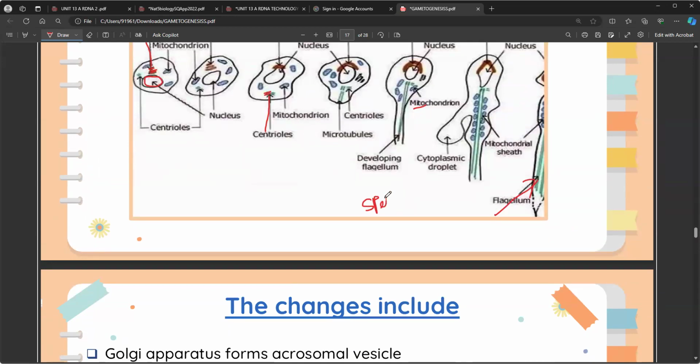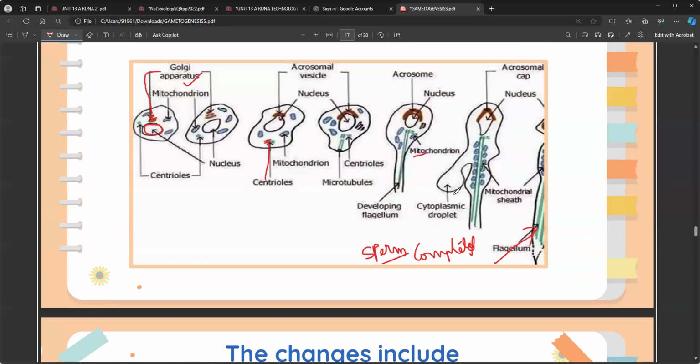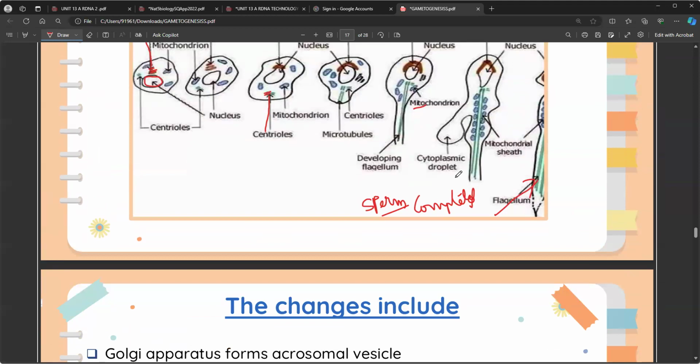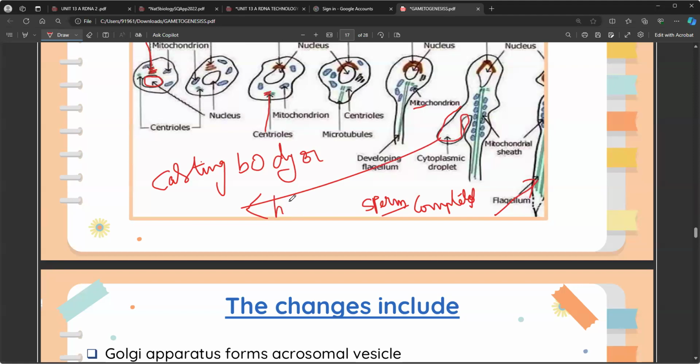Remember my words: until the sperm formation is completed, listen everyone, the cytoplasm present in the sperm is present as a separate body, a separate region. We can call this a casting body, or you can use the word hanging region.